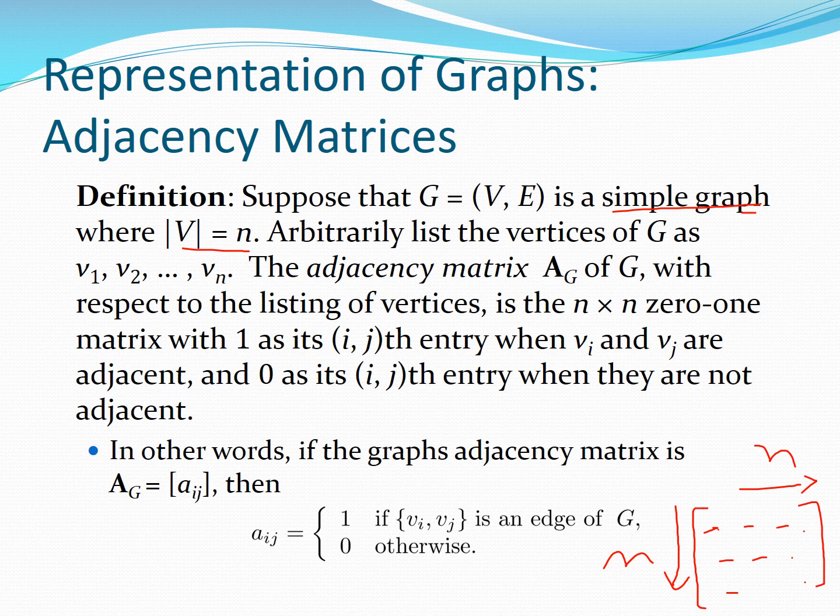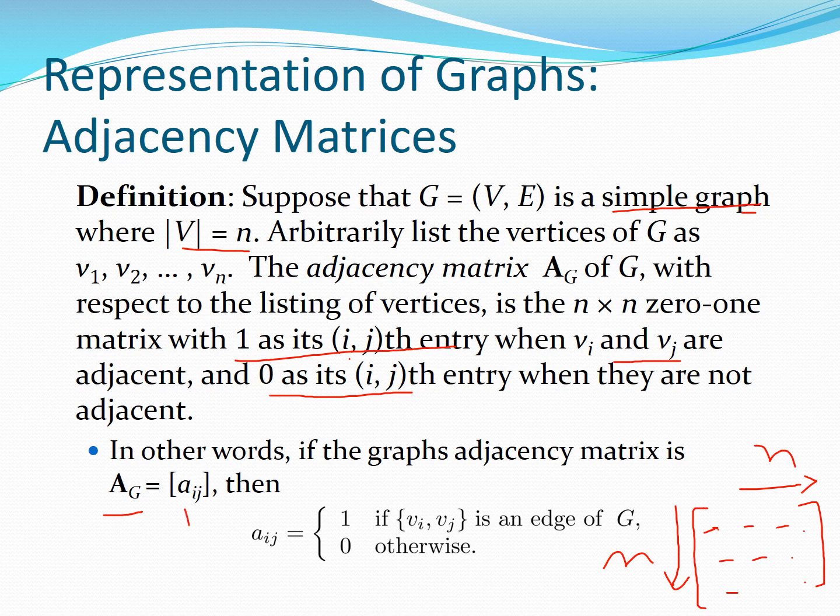So let's take a look at this. The adjacency matrix is going to contain a 1 in its ijth entry when there is an edge between the vertex vi and vertex vj. And if there is no edge between vi and vj, you put a 0 in the ijth entry. We're going to do an example real quick, so it's going to become much more clear. In other words, your adjacency matrix, represented by A sub G, is made up of either ones or zeros.